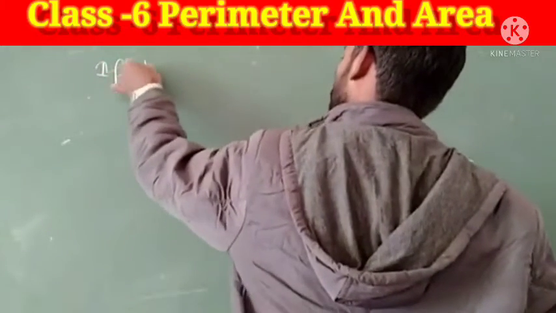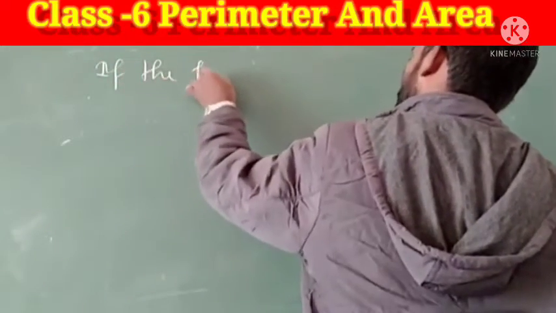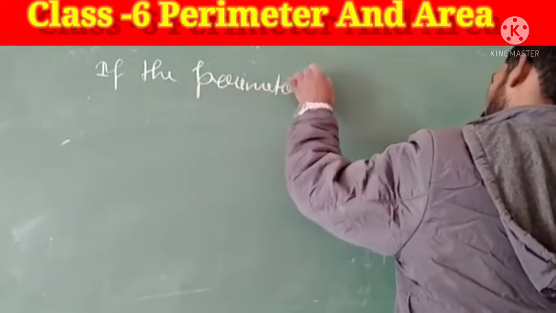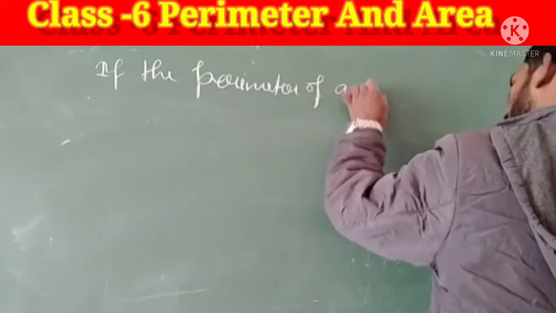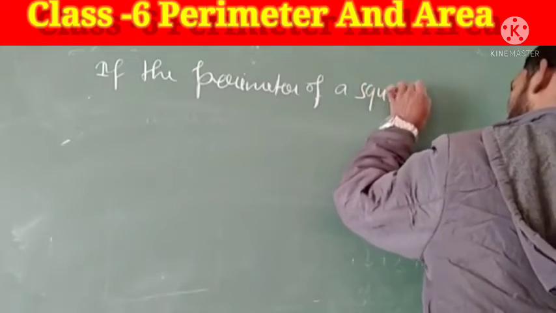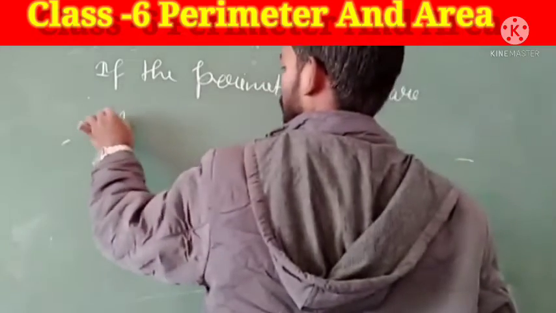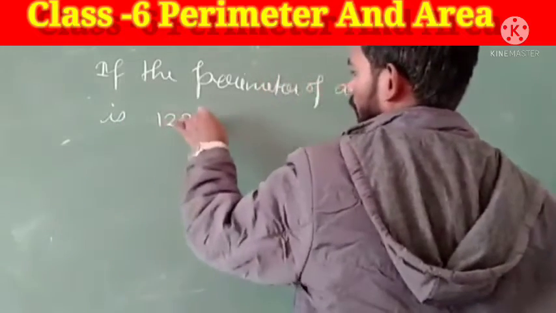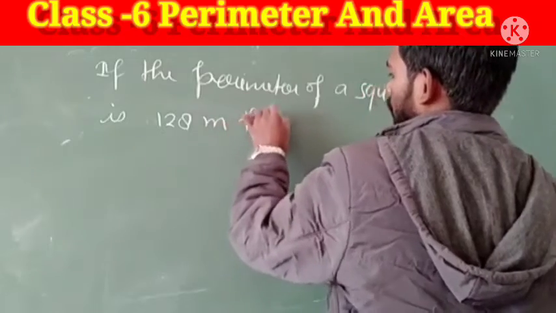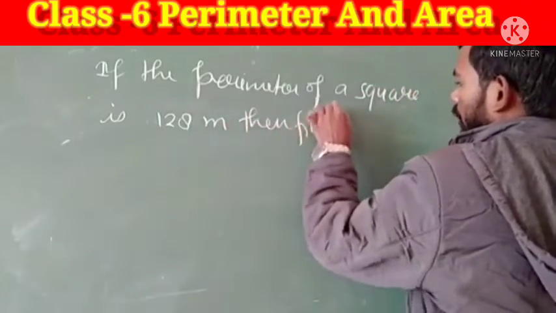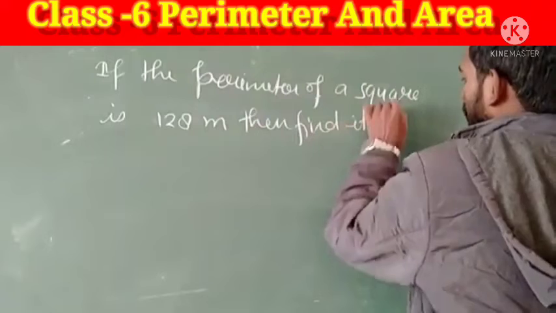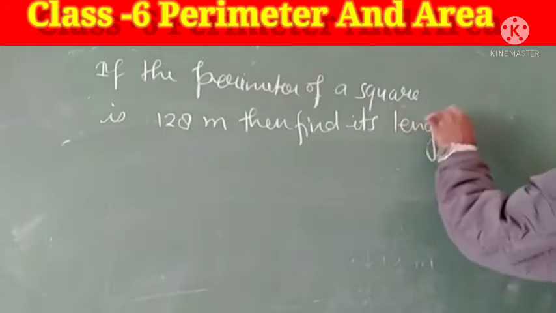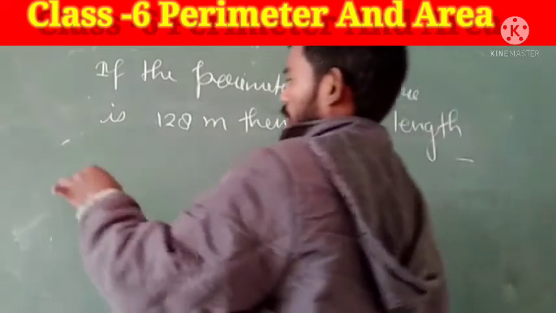If the perimeter of a square is 128 meter, then find its length of side.